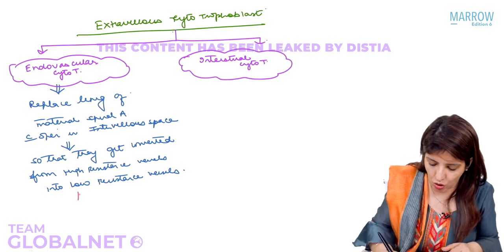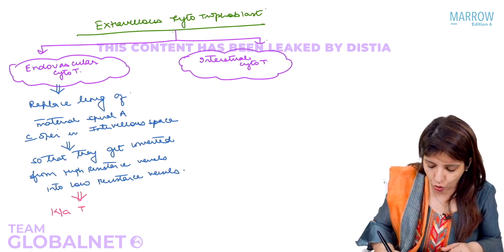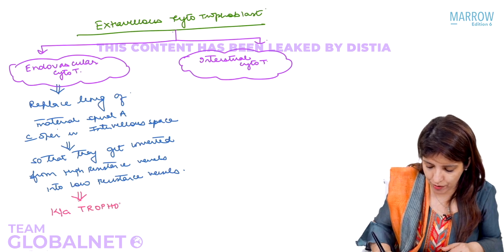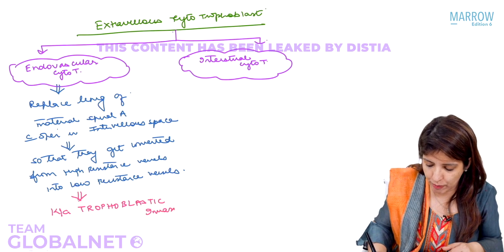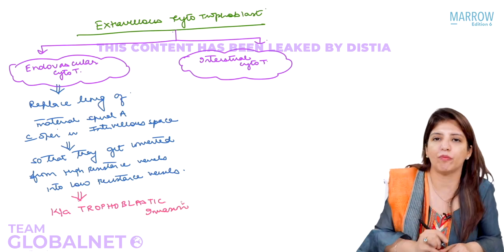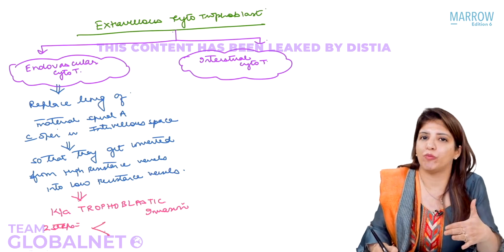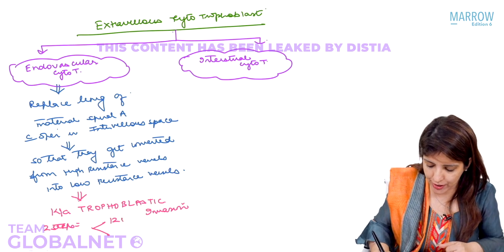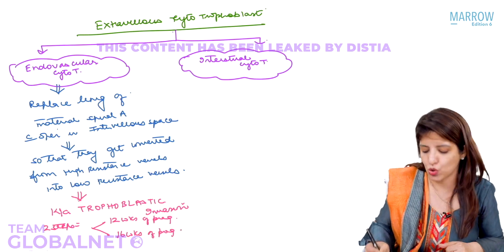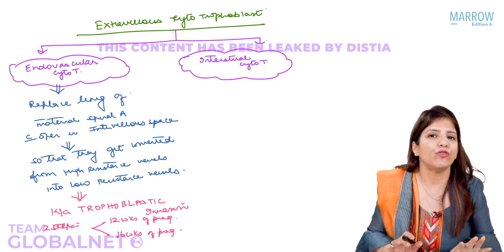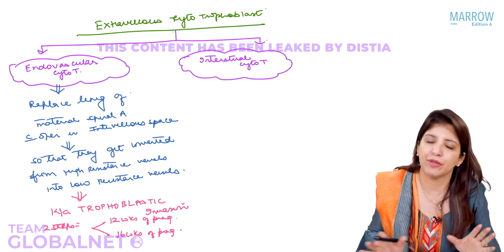And this is called trophoblastic invasion, and this trophoblastic invasion occurs in two steps. The first wave of trophoblastic invasion is completed by 12 weeks of pregnancy, and the second wave is completed by 16 weeks of pregnancy. As of now, if you are not understanding what has happened, it's okay.